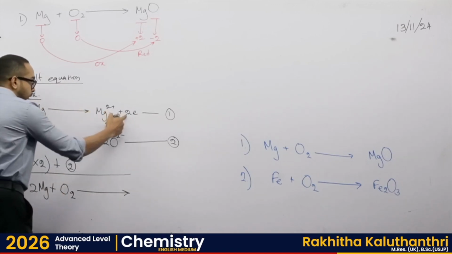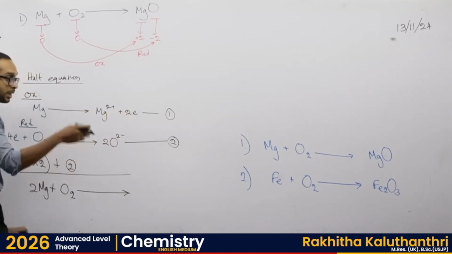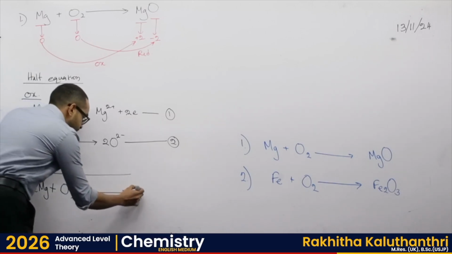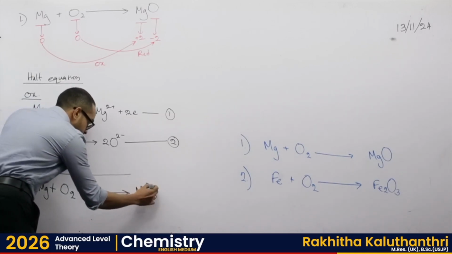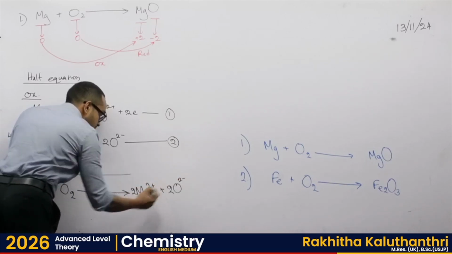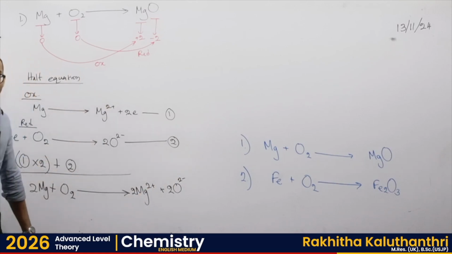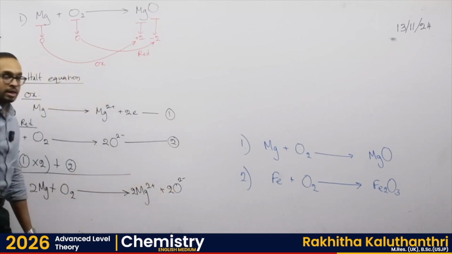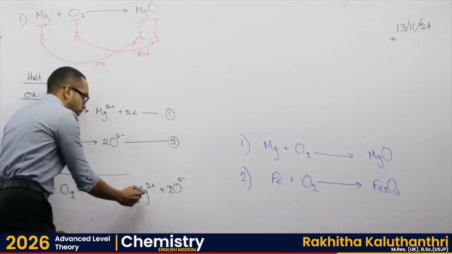This also becomes 2, this becomes 4. They cancel off. I just omitted the part that I said you can omit if you like. Right? So I just wrote the answer without writing the half equations again. So the answer becomes magnesium 2+, there are 2 of them, plus 2 O2- ions. Or else you can just write 2 magnesium oxide as well, because if these 2 are added together, you are getting magnesium oxide, 2 of them. Is that clear? You can do that as well.